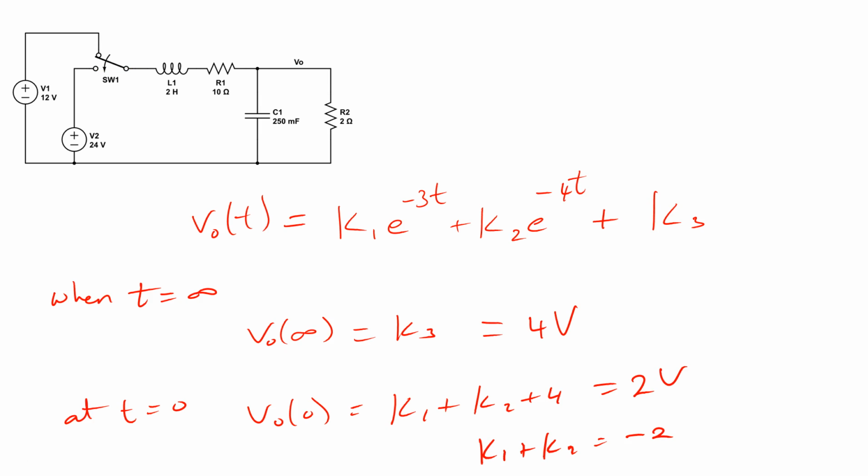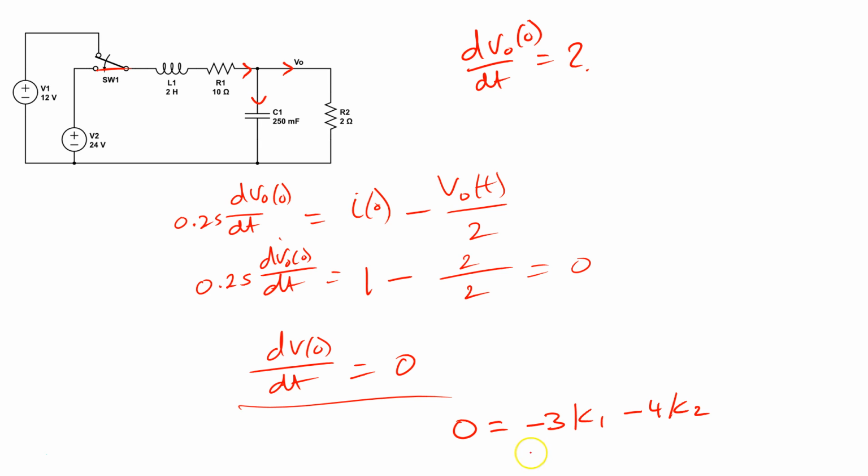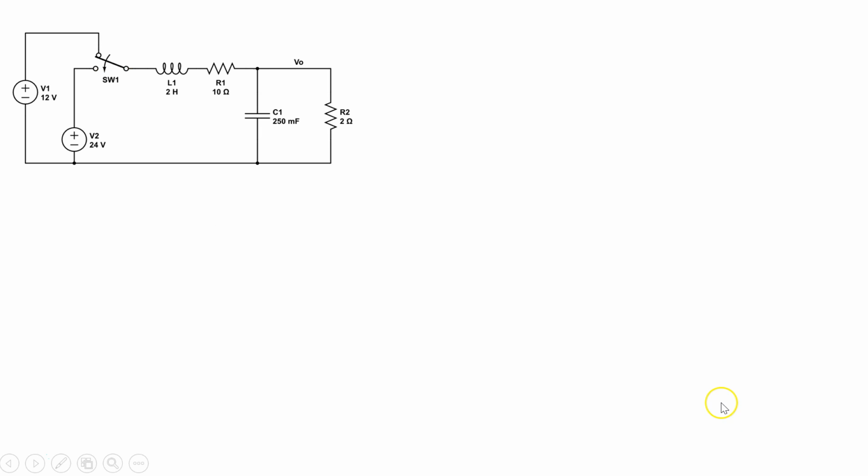The first one being K1 plus K2 equals minus 2, and the second one minus 3K1 minus 4K2 equals 0. And if I solve that simultaneously, I will get K1 equals minus 8 and K2 is equal to 6.